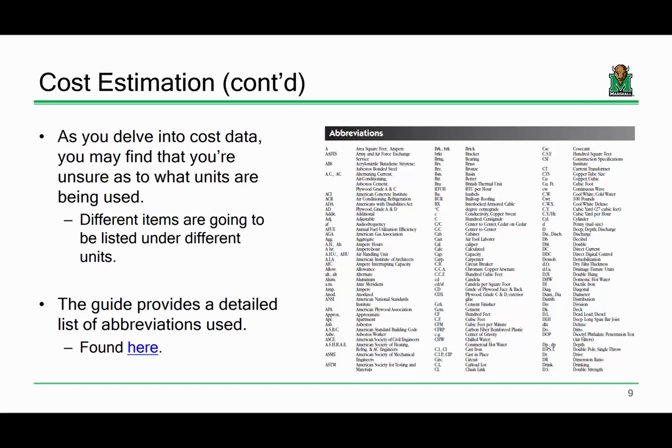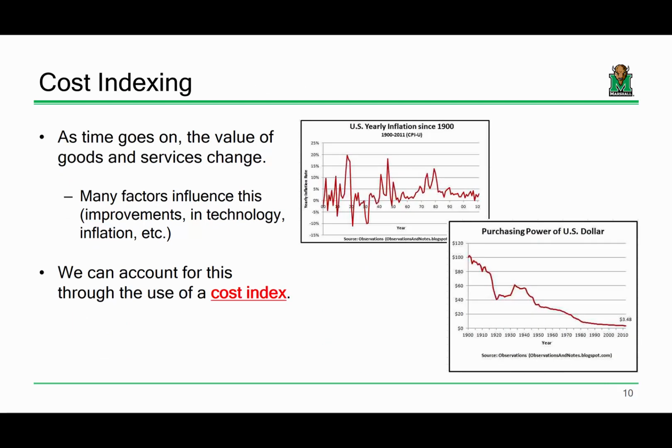Let's see, dry film thickness. I probably wouldn't have thought of that, or some of these. So I have a link here, and this link is available in the PDF that's online. And basically, it pulls up this sheet and a few others. So if you're looking it up and it says LF, what is LF? Well, LF stands for linear feet and whatnot. So ACRE, acre, all that stuff. Okay, sound good?